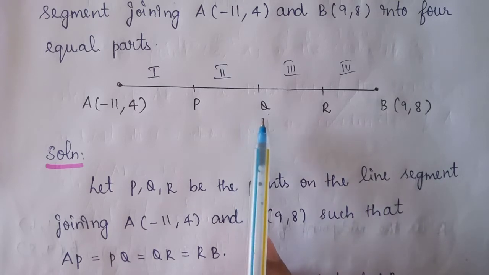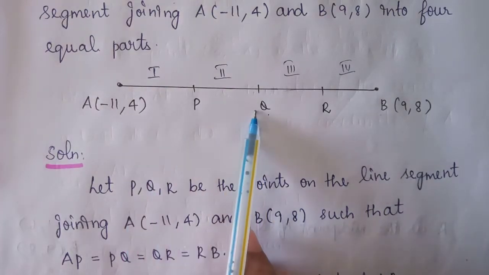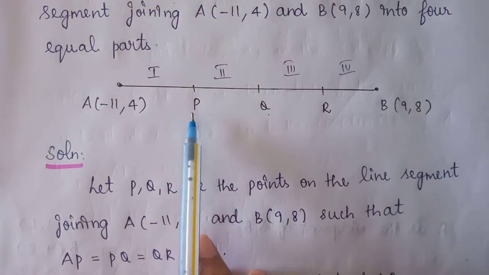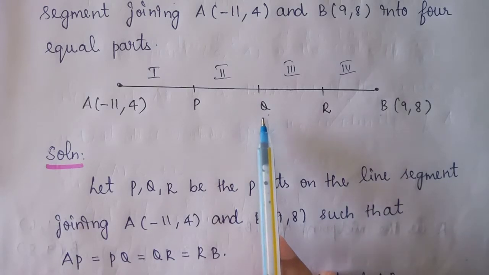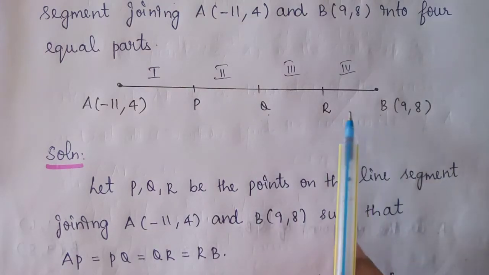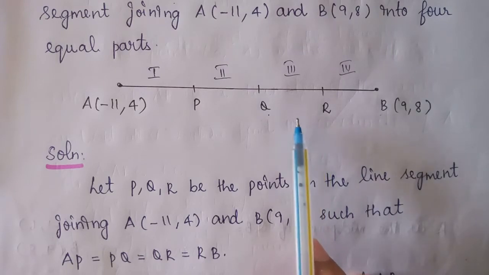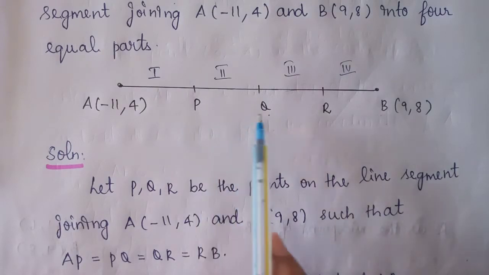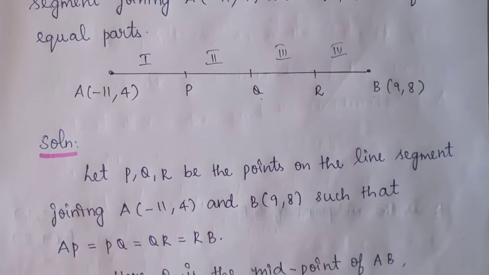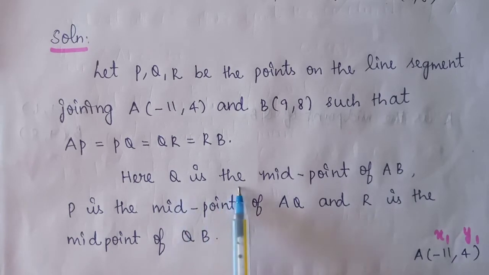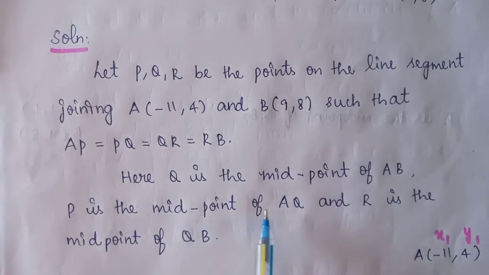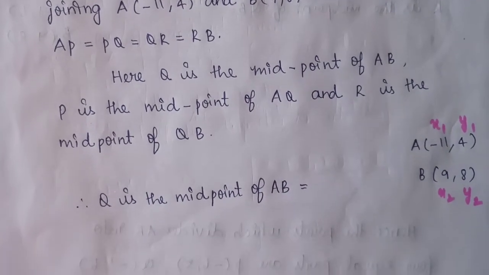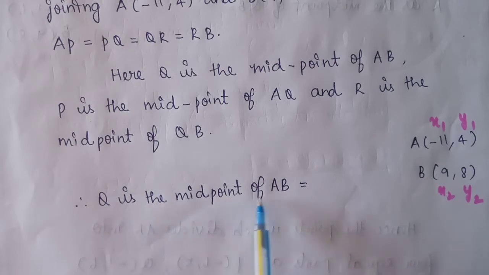Then you take the A and Q coordinates, and you can find the midpoint, which is named P. Similarly, if you take the points Q and B, you get the midpoint R, because R is the midpoint of QB, P is the midpoint of AQ and Q is the midpoint of AB. So first we are going to find the Q coordinate, because Q is the midpoint of AB.